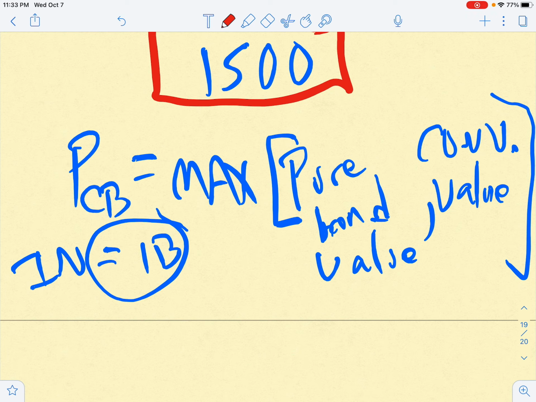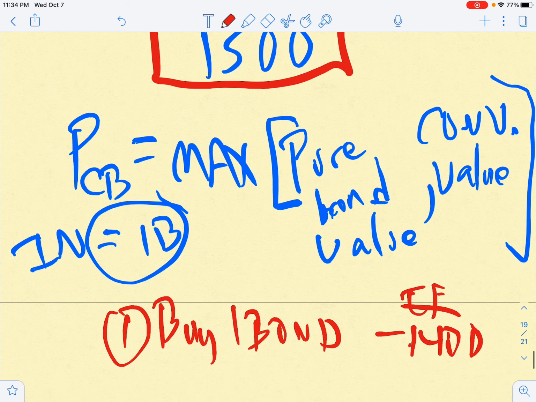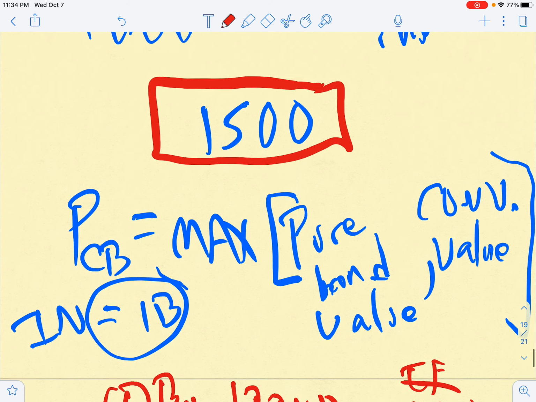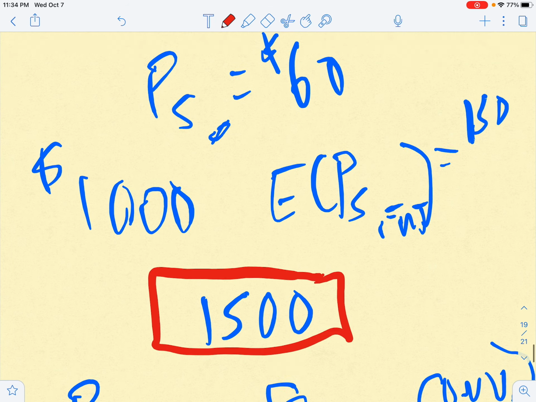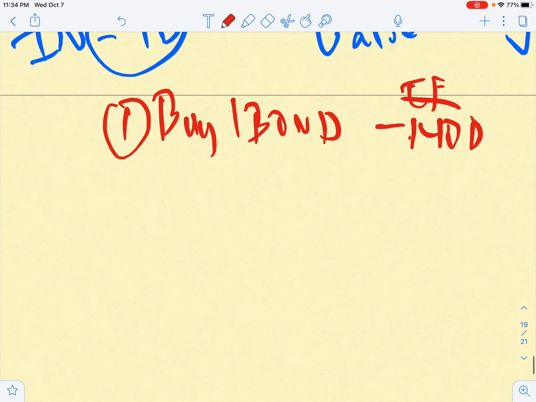What would you do? Well, you would, step one, buy one bond, and the cash flow associated with doing that is the minus $1,400. We assume we pay $1,400 for it. And then you would immediately convert the bond.